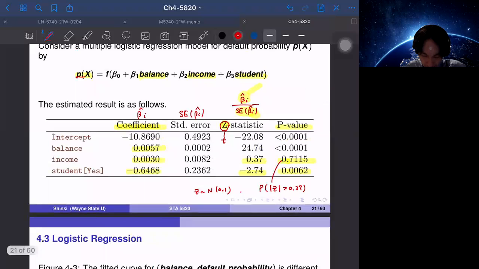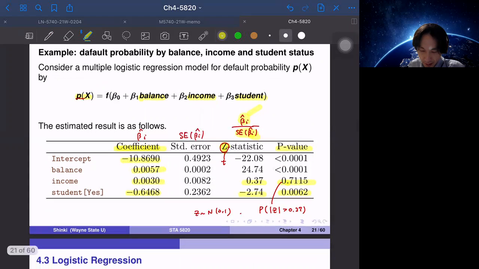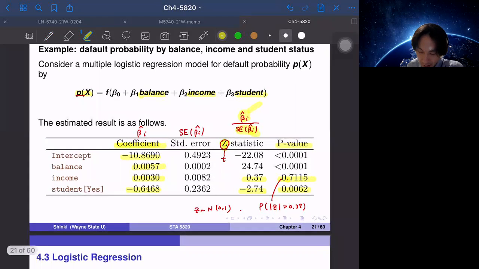Do you have questions? So basically interpretations are similar to linear regression. One thing is that to exactly understand the coefficient is a little more difficult, and the z statistic instead of t statistic.